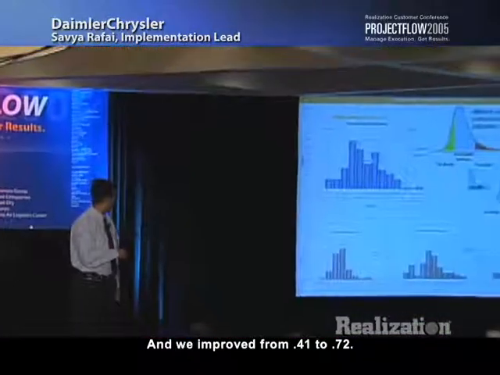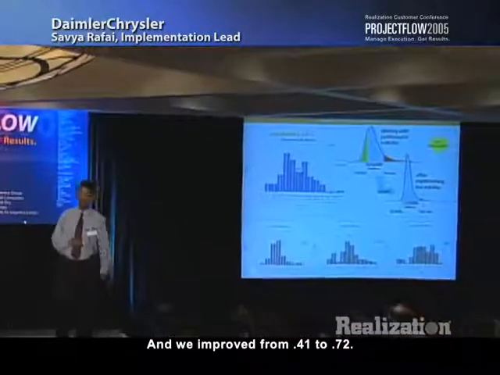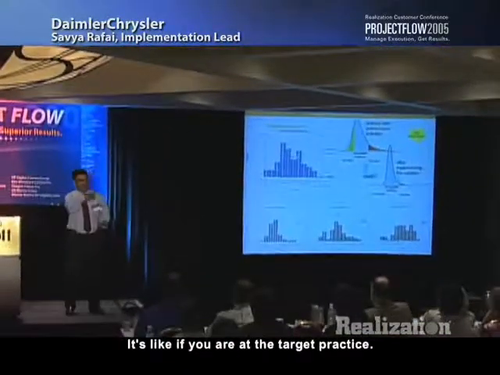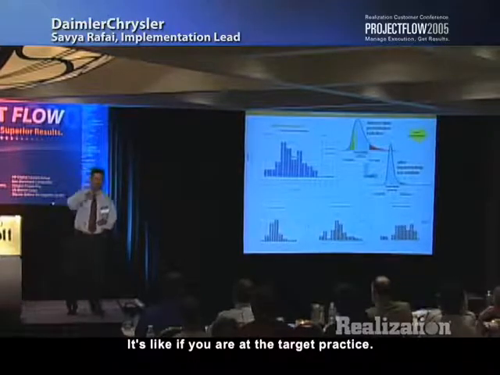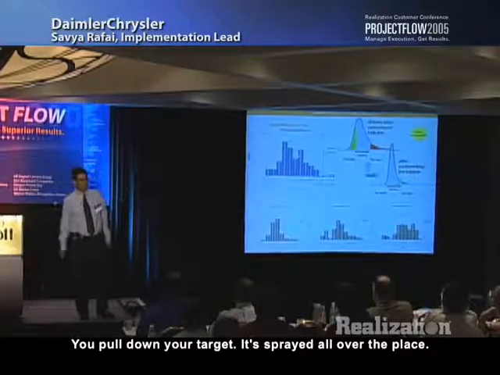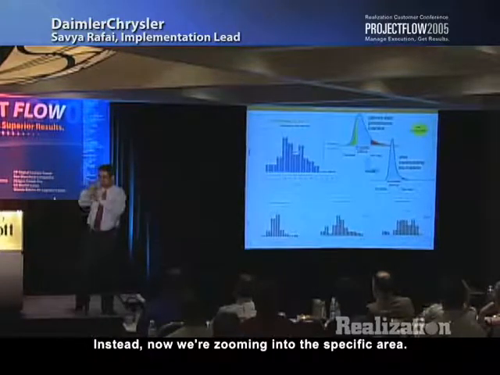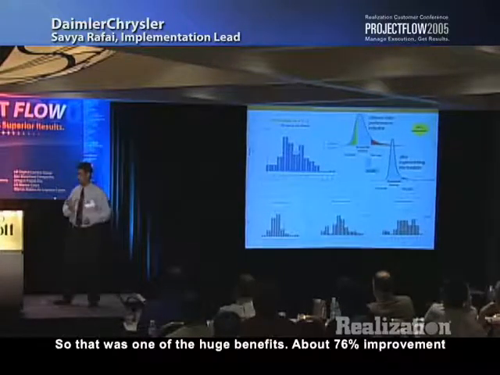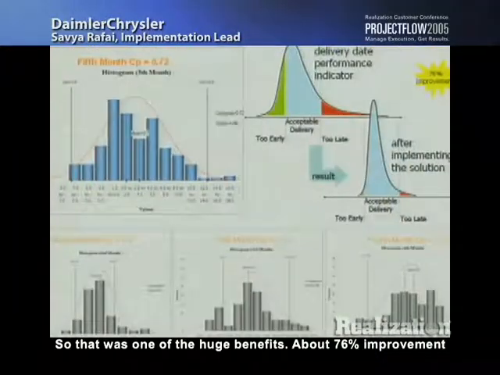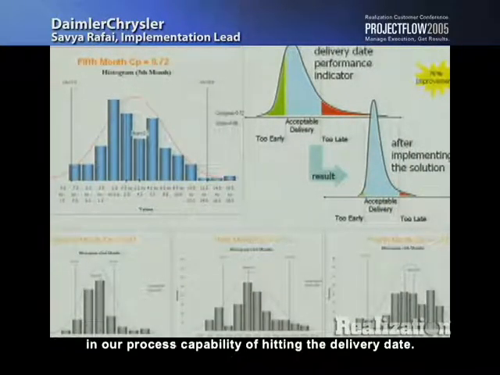And we improved from 0.41 to 0.72. It's like, if you are at target practice, right? You pull down your target, it's sprayed all over the place. Instead, now we're zooming into a specific area. So that was one of the huge benefits, about 76% improvement in our process capability of hitting the delivery date.